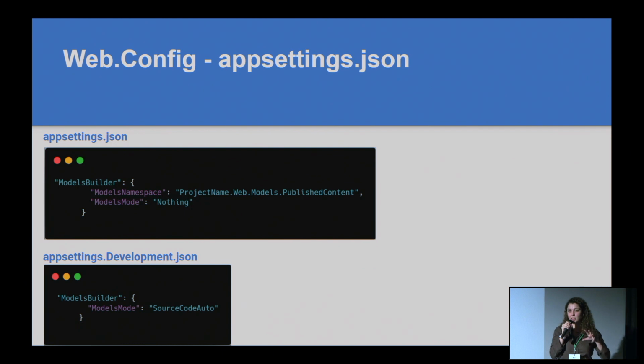You can actually mix and match in different JSON files, which is quite cool as well. And there are so many different things that you can do with IntelliSense in appsettings.json with Umbraco 9.